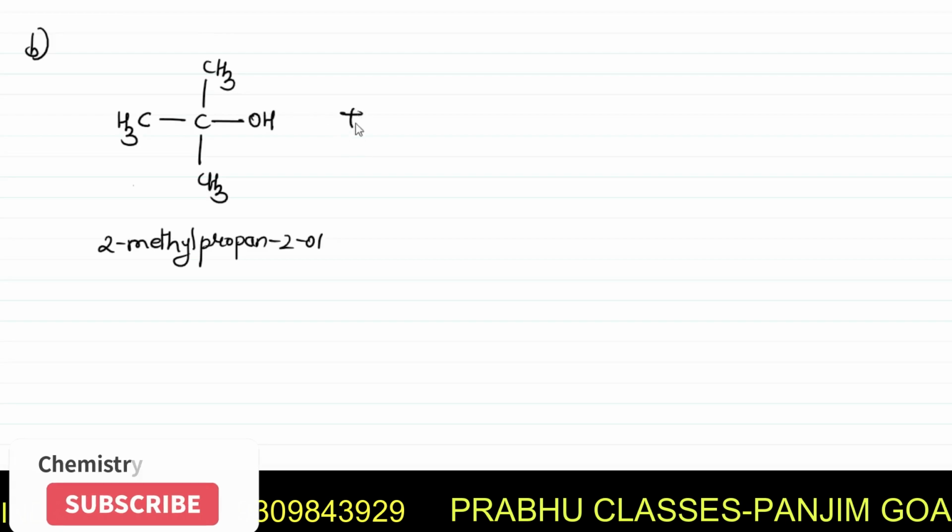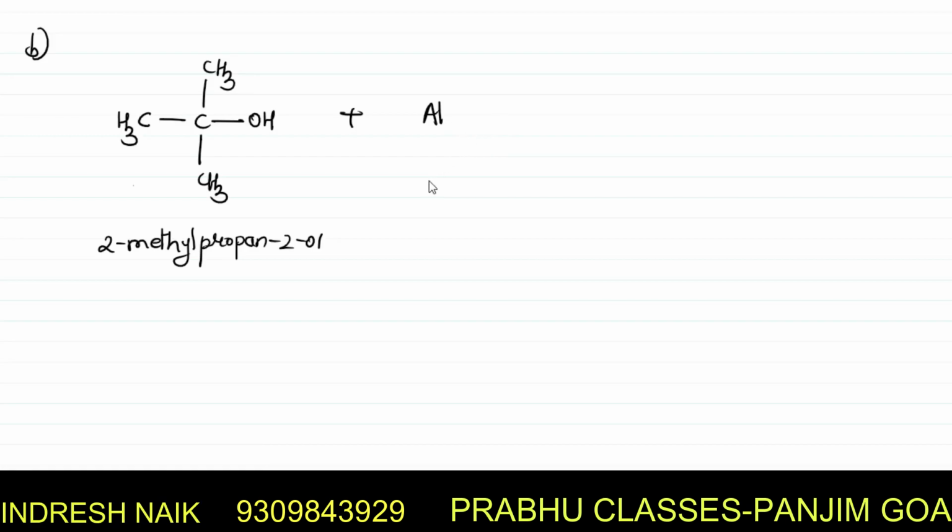If this is reacted with aluminium, how many electrons will aluminium lose to attain a noble gas configuration? The answer is very simple. Aluminium's atomic number is 13.